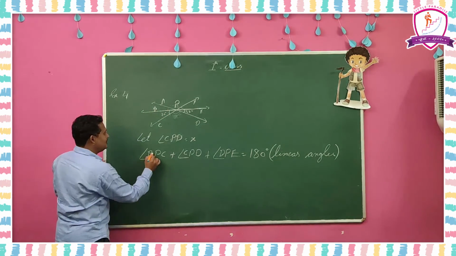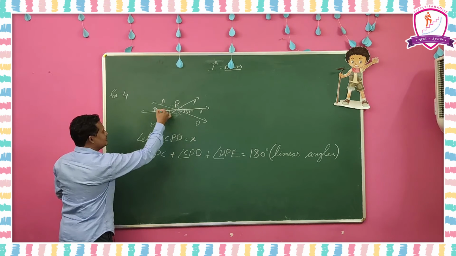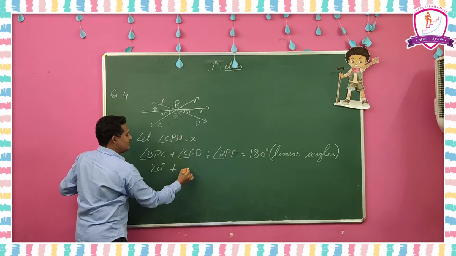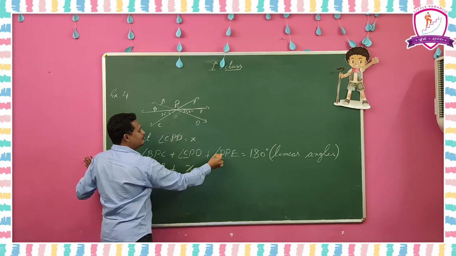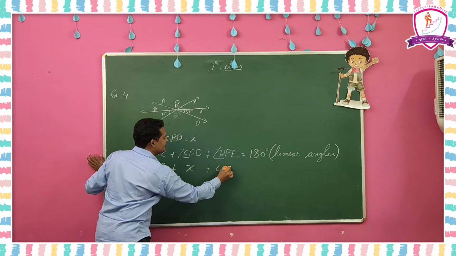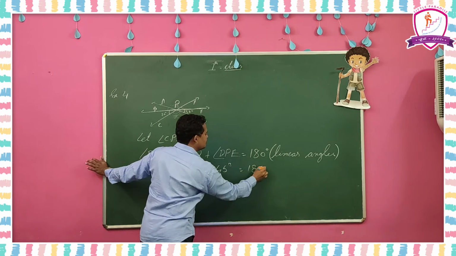So already we know BPC is 20 degrees. We don't know CPD, so we put X there, and DPE is 45 already, and the sum is equal to 180 degrees.